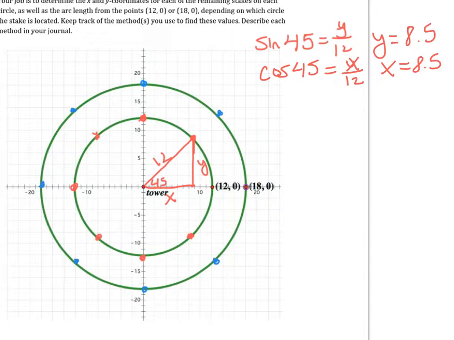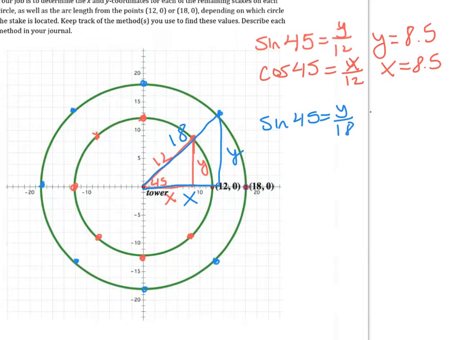We can do the same thing for the outer circle, but now the radius is 18. So we'll pause the video, find out the location of the outer stake. We can call the horizontal x and the vertical y again. Okay, so you should have done sine of 45 equals y over 18.